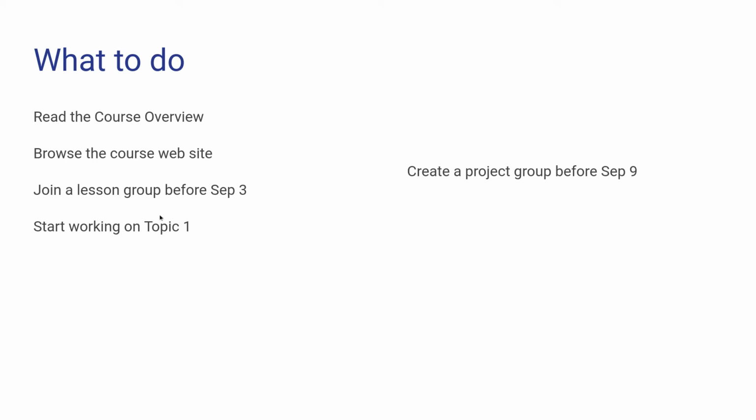And after that, you should be able to start working on topic 1, or on week 1. We will soon see how that works. And we have this project assignment, and you should create and join a project group before 9th of September, so that's pretty early. You need to start quite early with this project assignment.